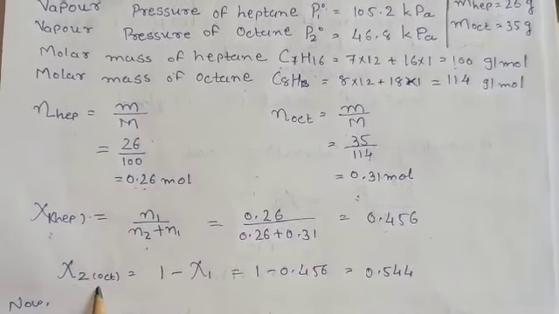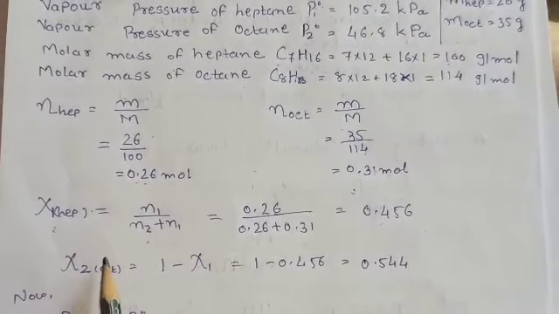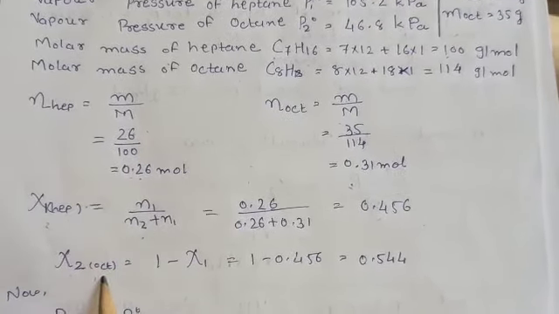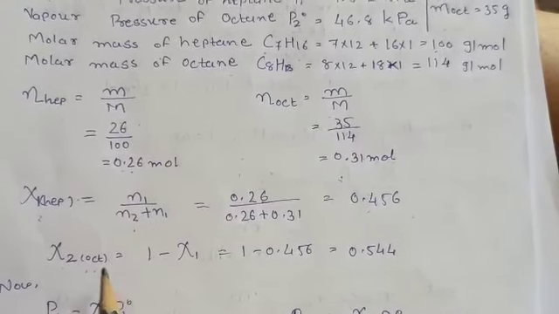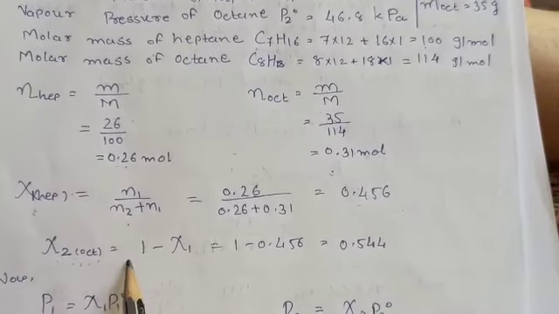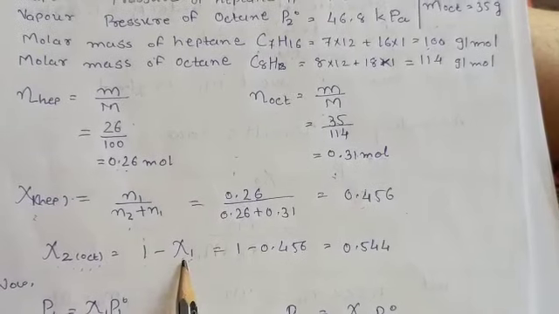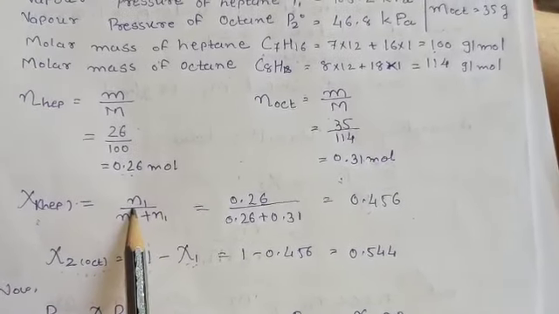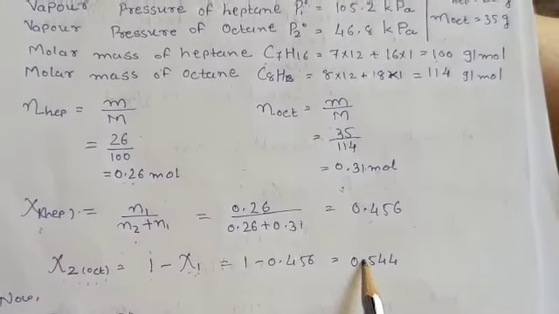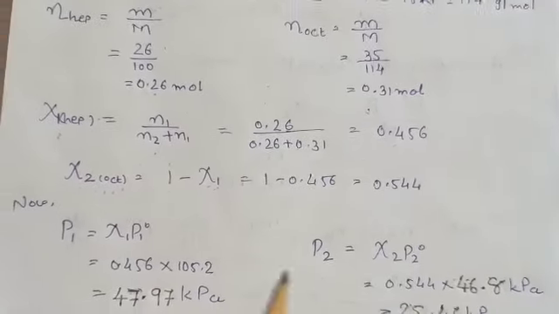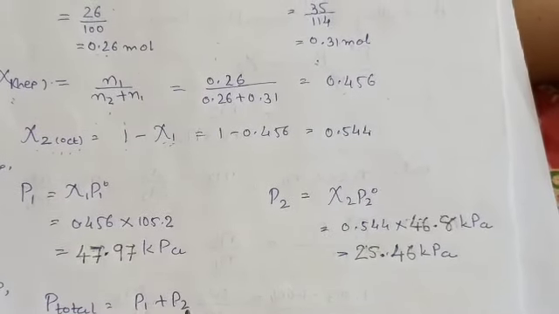Same for octane: we know that the mole fractions of the two components add up to 1, so the mole fraction of octane equals 1 minus mole fraction of heptane. Or you can find it by moles of octane divided by total number of moles; both give the same answer.